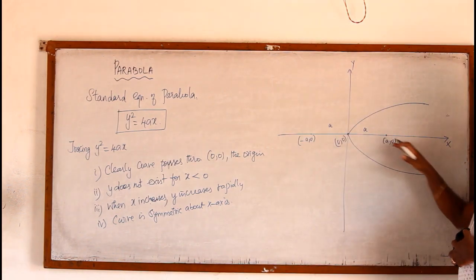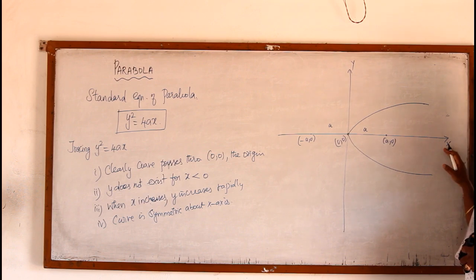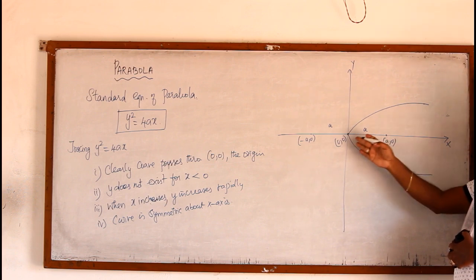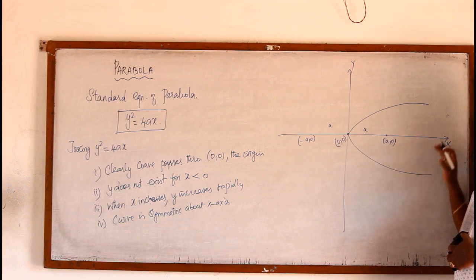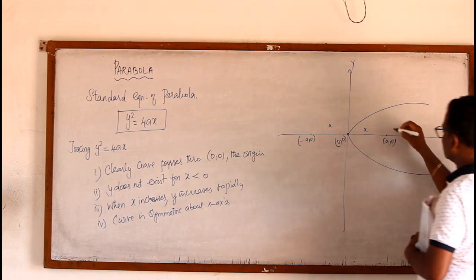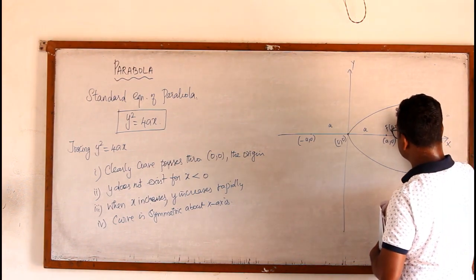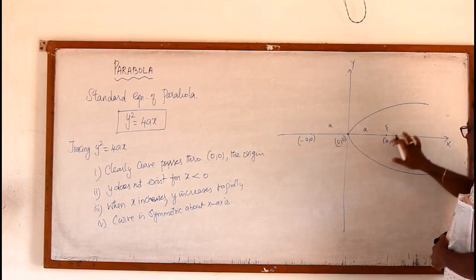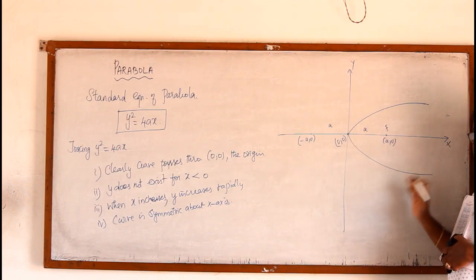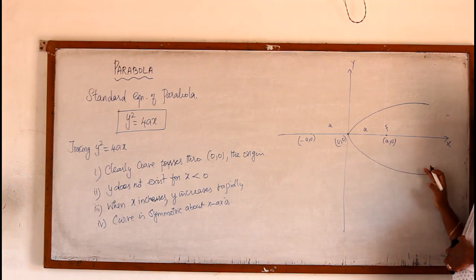The curve is symmetric about the x-axis, so the x-axis is called the axis of symmetry, or simply the axis of this parabola. Then this point is the focus, the fixed point, a comma 0. The fixed point always lies on the axis.